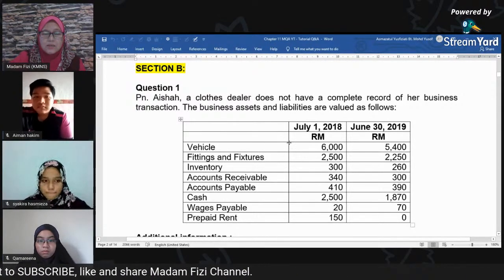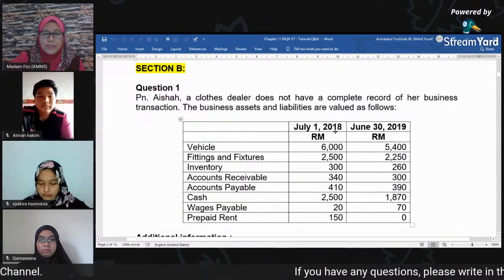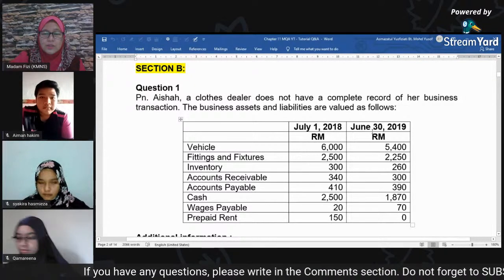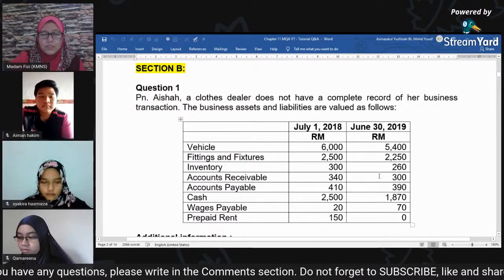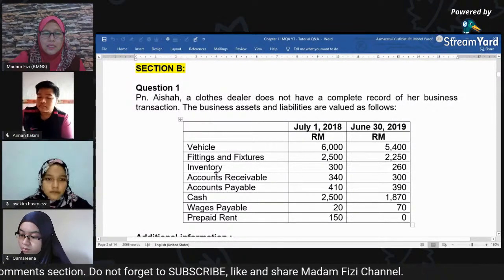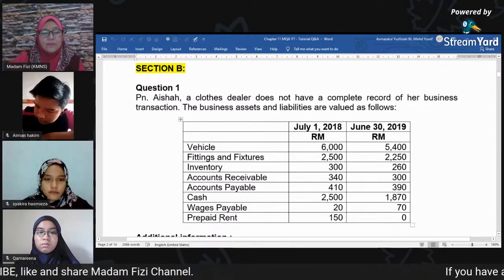The question gave the balance on 1st July 2018, that is the opening balance, and June 30th 2019, this is the closing balance. As you can see, the accounts are on assets and liability only.